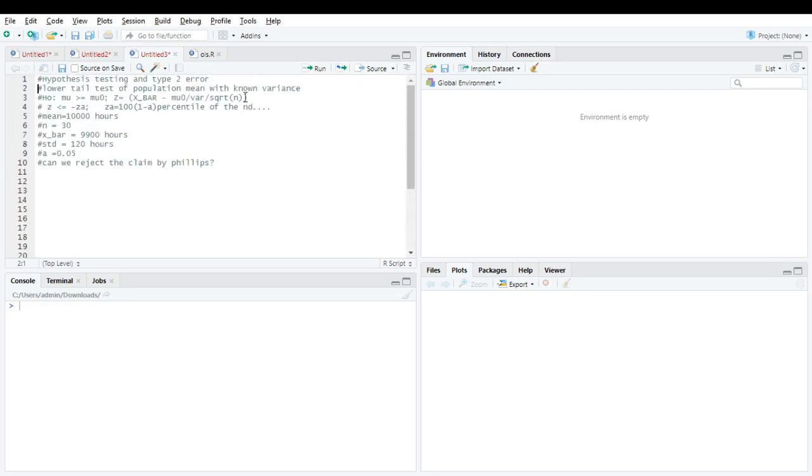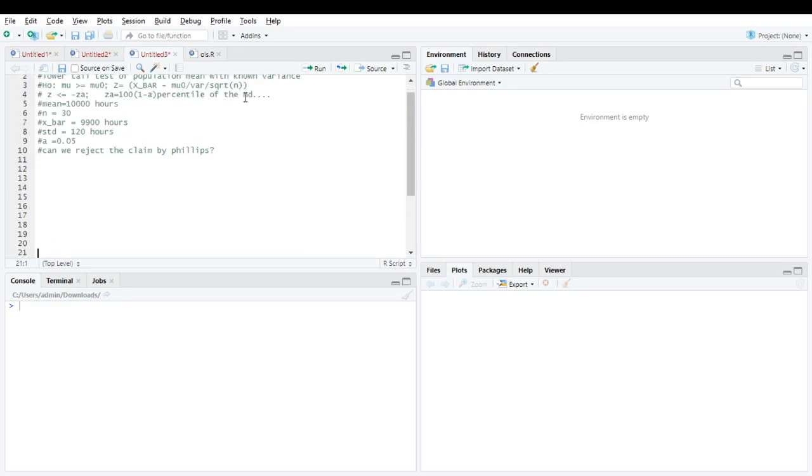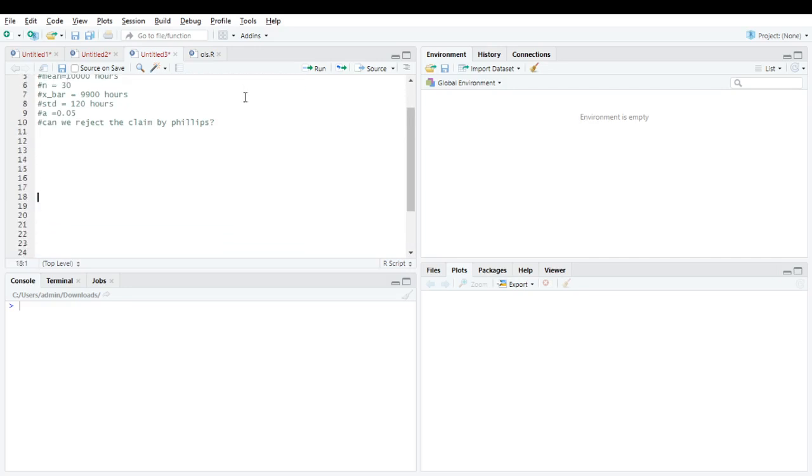Now how to solve this? To solve this kind of question, as we said, we have to use hypothesis. So what is the null hypothesis? First of all, write down the null hypothesis, which is nothing but that our mu is greater than or equal to 10,000, right? So what we have to do right now is calculate the test statistic.